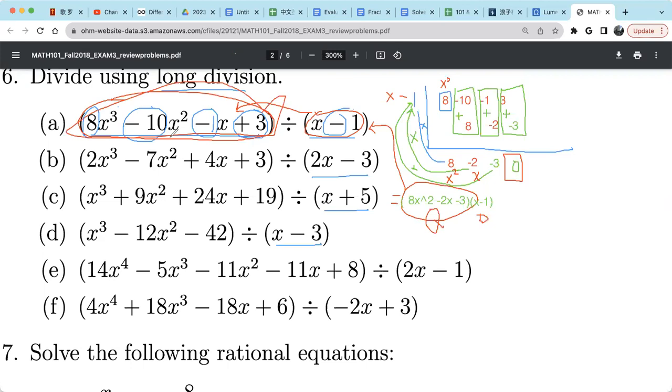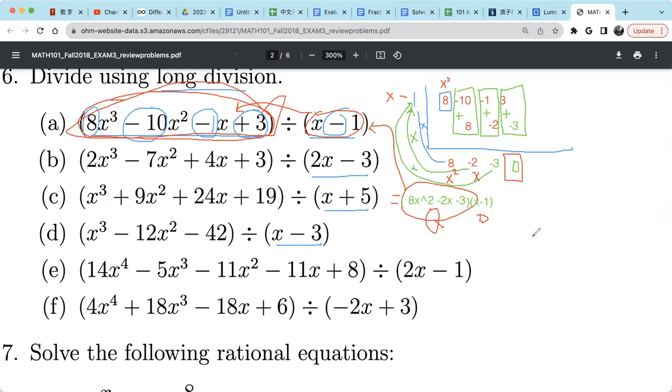One factor is x minus 1, which is the divisor in the beginning. Another factor is the quotient, 8x squared minus 2x minus 3. So that's the meaning of this 0. If there's no remainder, that means the divisor is a factor of the dividend. So that's A.